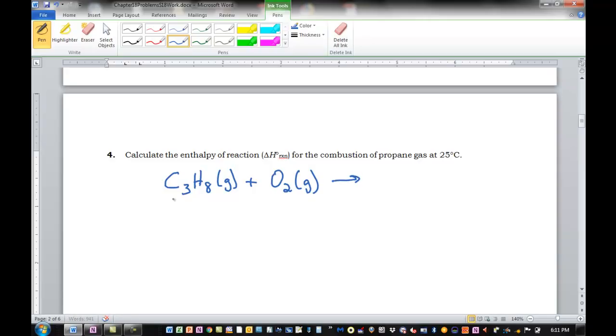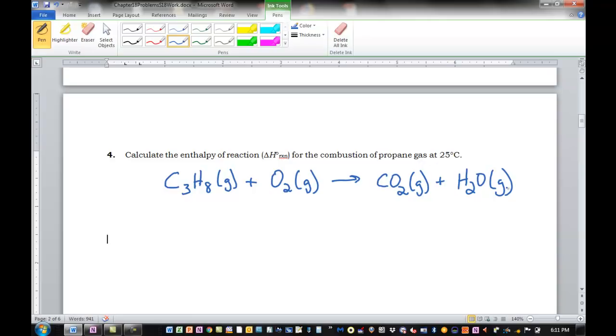If it is a compound containing only carbon, hydrogen, and/or oxygen, what are your 2 products of that combustion? That's assuming complete combustion, that it's 100% efficient. What are our 2 products? I think you got this. Carbon dioxide and water.